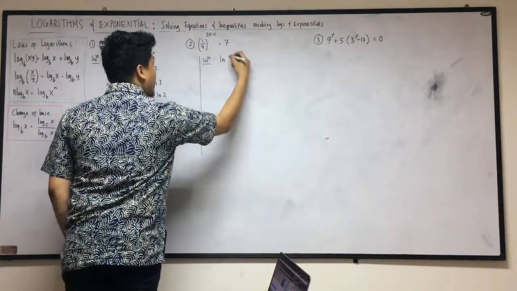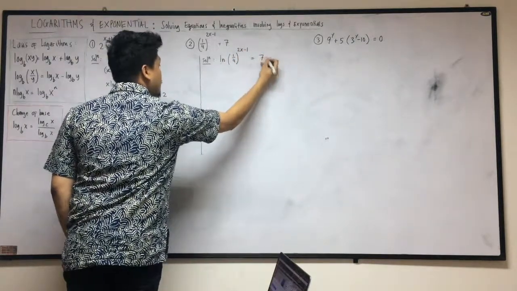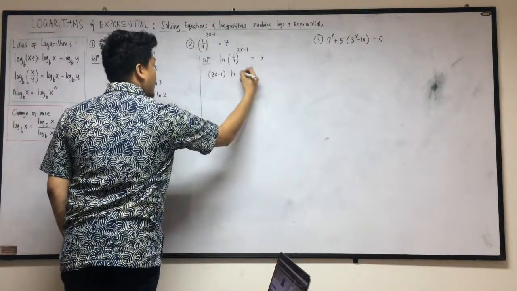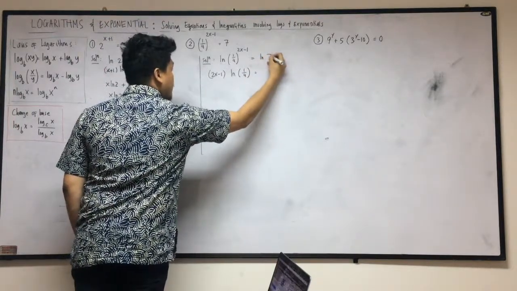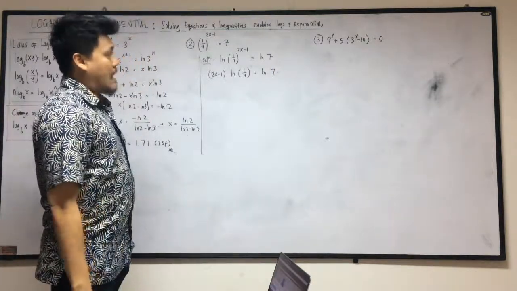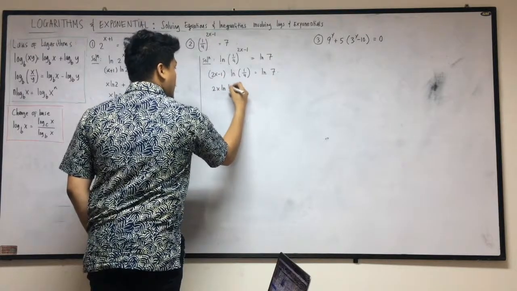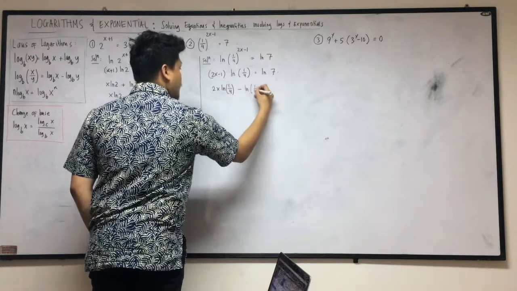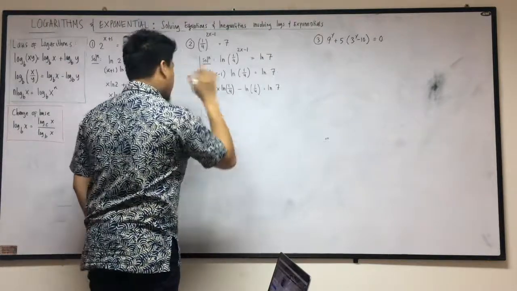Second one. Again, apply ln to both sides of the equation, and then you drop down 2x minus 1 here. You get ln 1 over 4 equals, sorry, that's going to be ln 7. And what comes afterwards, you just basically multiply this out. So practically easy, right?